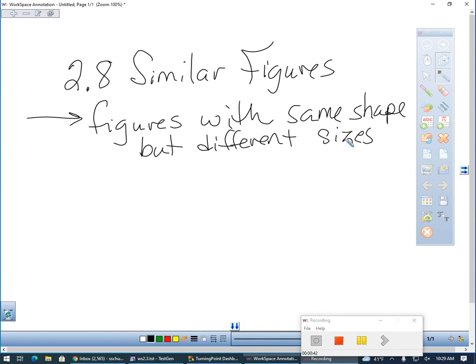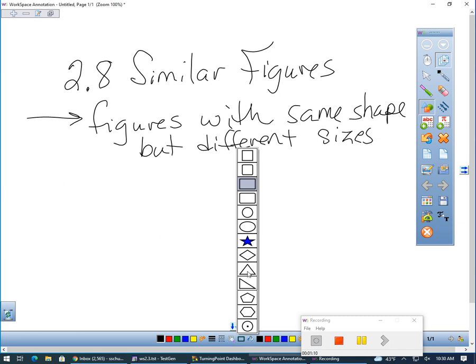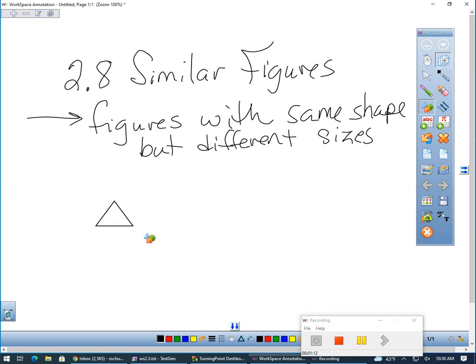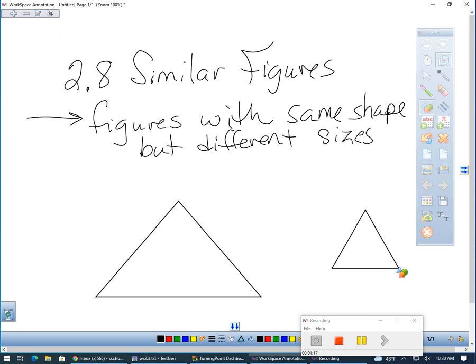All right. So when we talk about similar figures, you can actually talk about their corresponding sides and angles. So first, let's start with this. Yep, you're going to want to. All right.